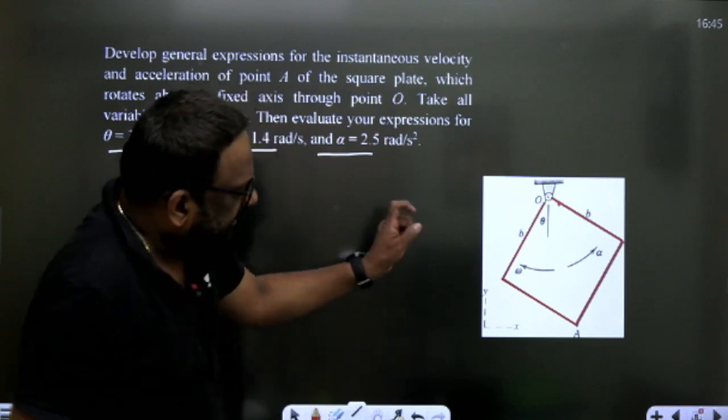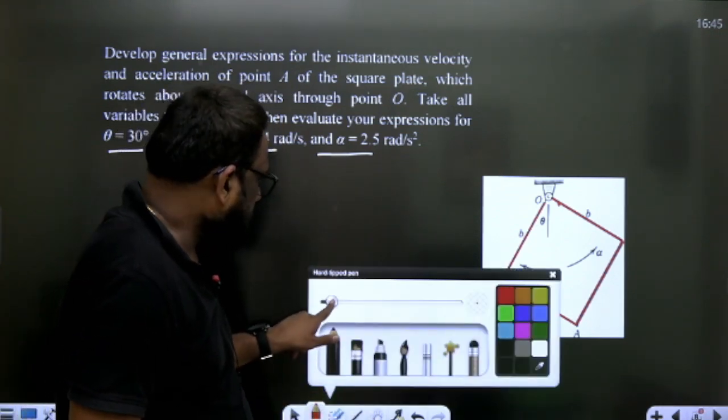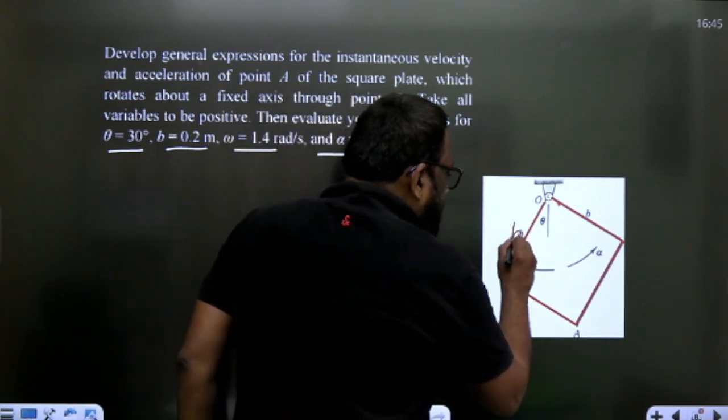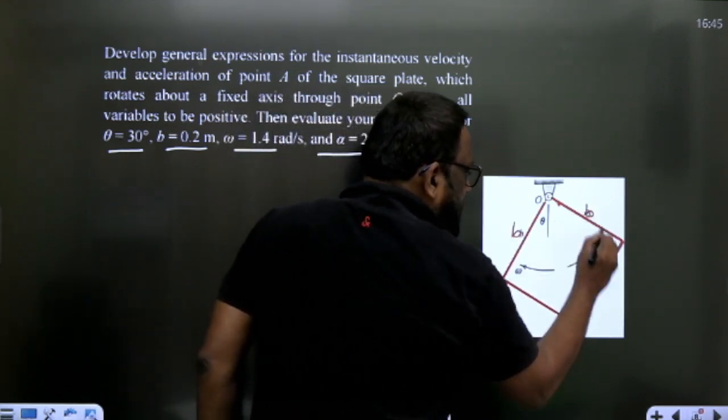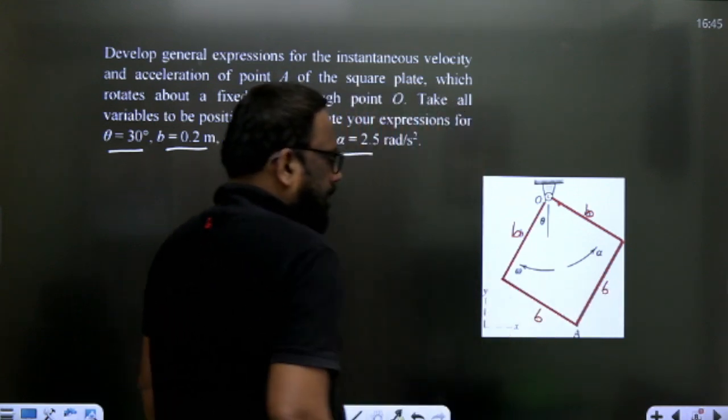There is a square plate. The dimension of this is b. As it is square, all dimensions will be the same.